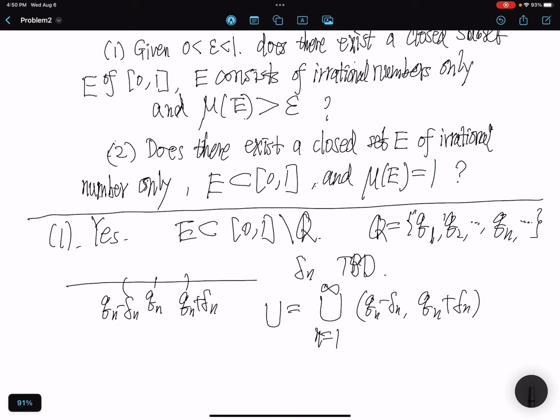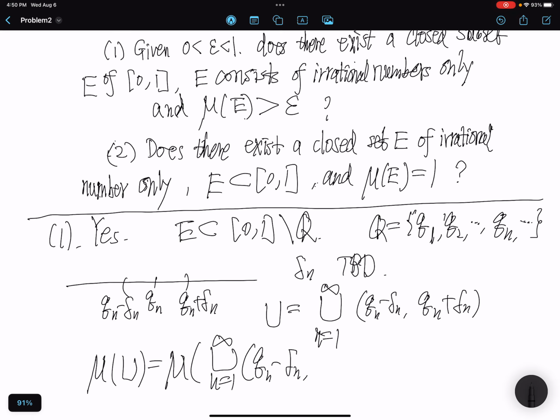So let's measure this. Mu of U is mu of this union of open intervals.